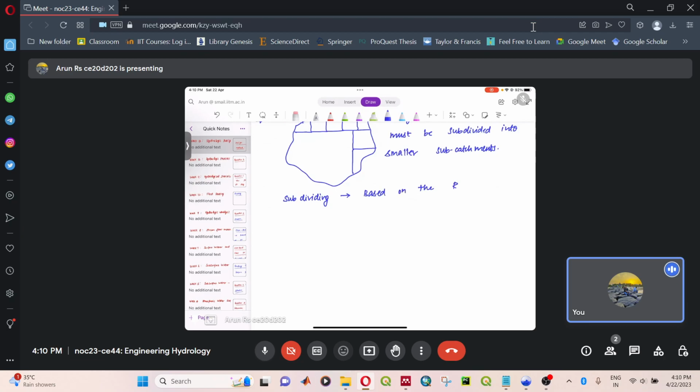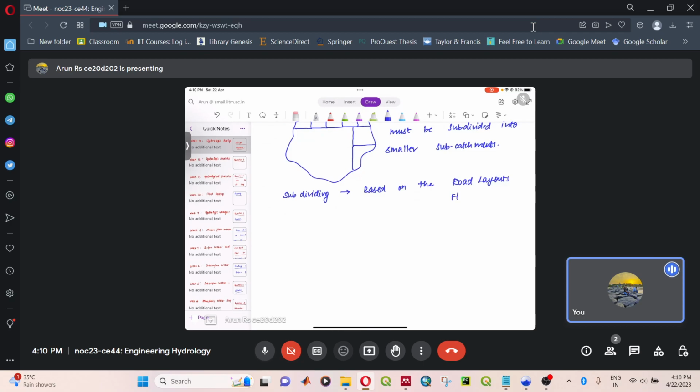So we can subdivide the catchment based on road layouts or based on flow direction of the runoff.